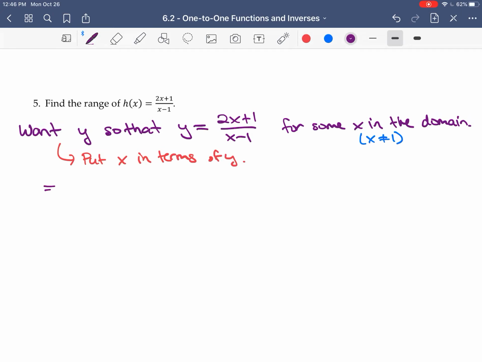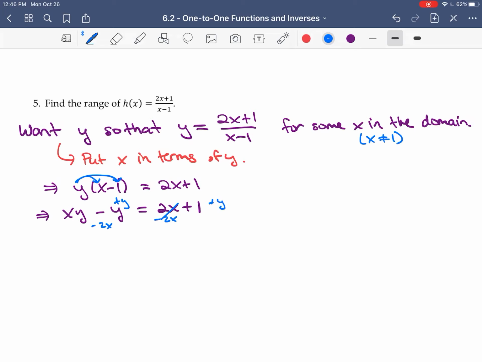So I'm going to multiply by x minus 1 on both sides, and then I'm going to have to expand the y through. So that's xy minus y equals 2x plus 1. And then I want everything with x's on one side, and everything with no x's on the other side.